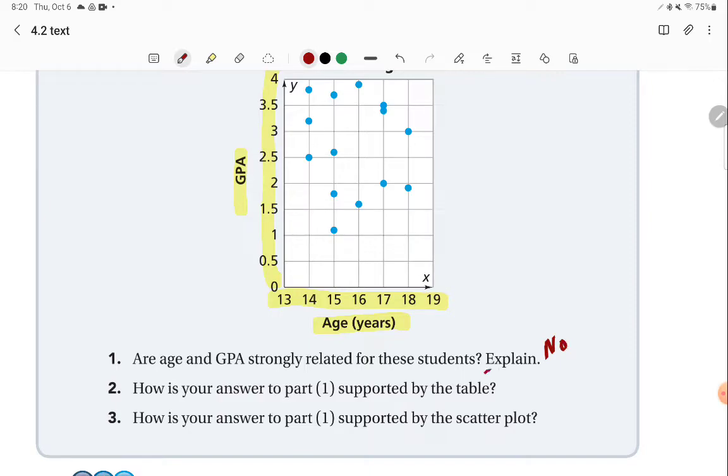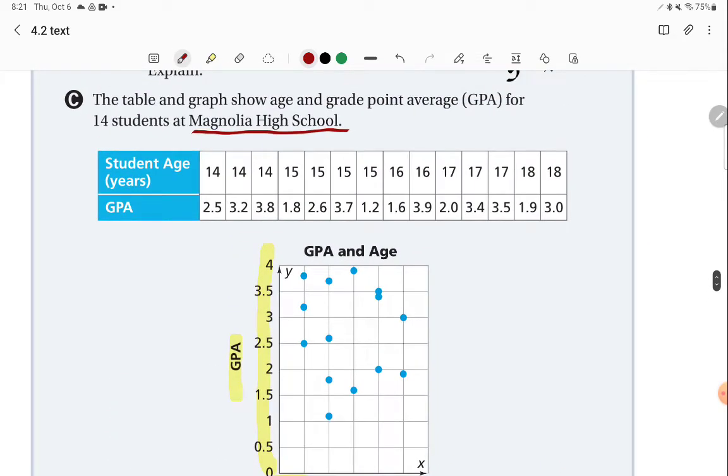And then make sure you explain that, because on a lot of our tests and quizzes, we have to explain why we believe that no is our answer. Part 2, how is your answer to part 1 supported by the table? So if you look at the table, you have an 18-year-old with a 1.9 and an 18-year-old with a 3.0.